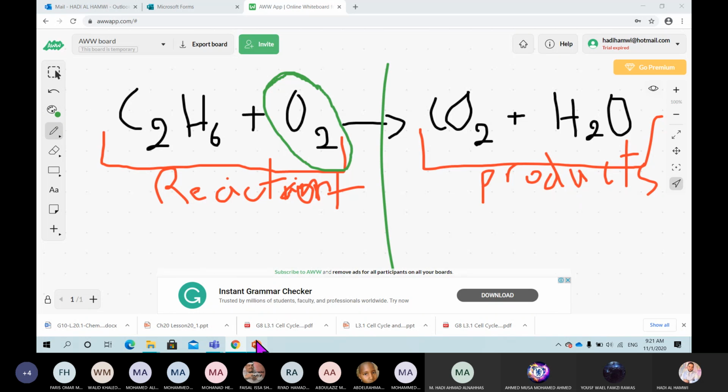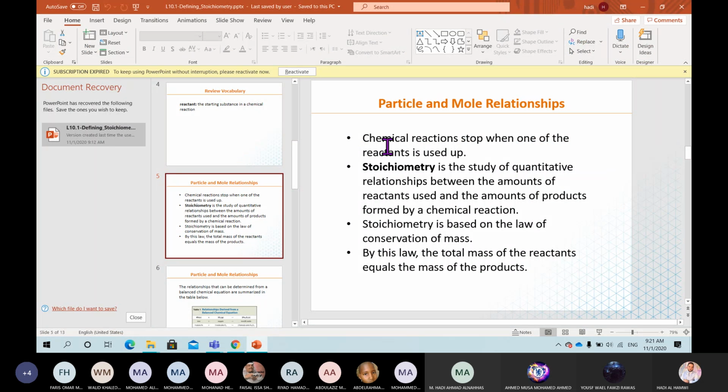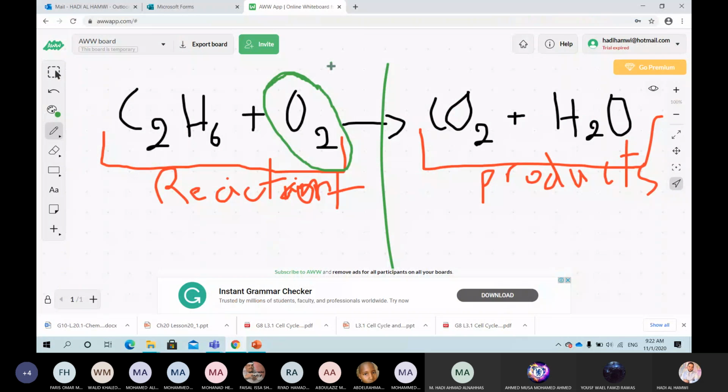So chemical reactions stop when one of the reactants is used up. When oxygen is used up, the reaction will stop, or if C2H6 is used up, the reaction will also stop. Not both of them need to be used up. If one of them is used up, the reaction will stop directly.